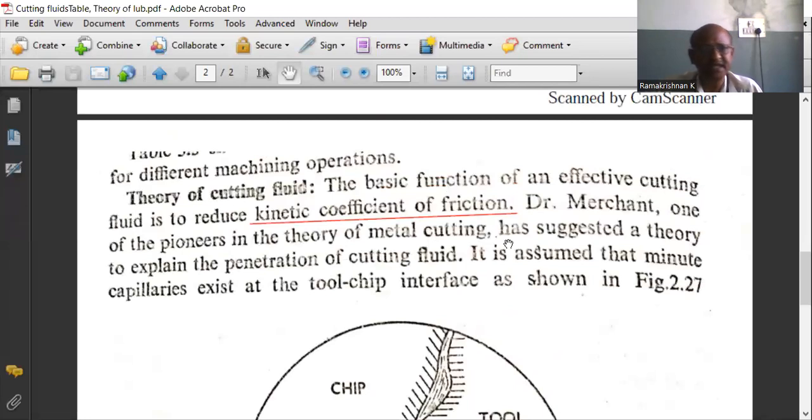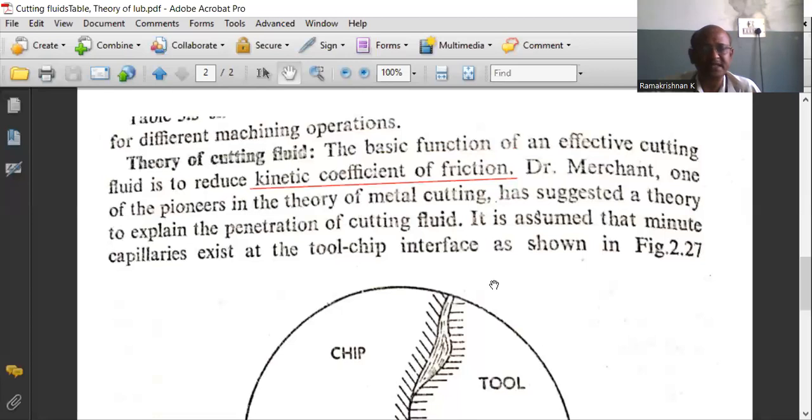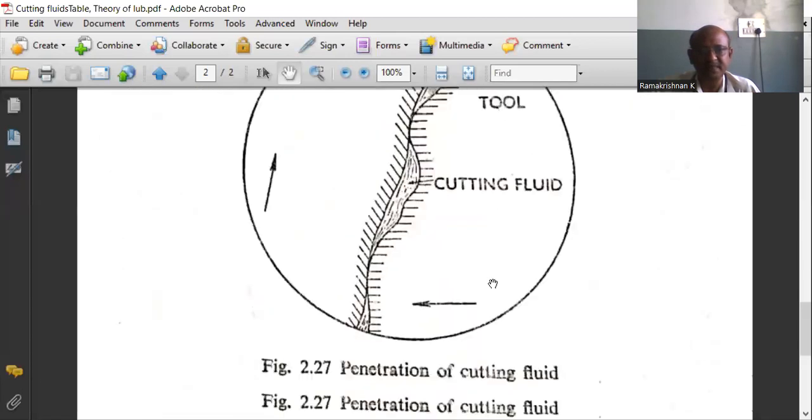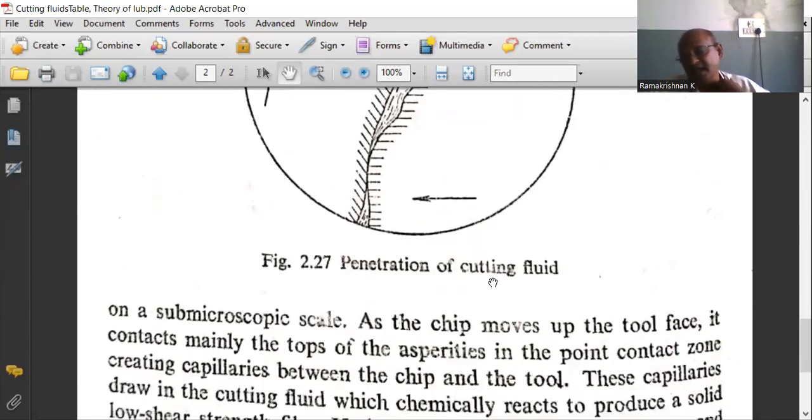As per this theory, as said earlier, there are many capillaries at the tool chip interface. During the machining operation, the metal is removed in the form of chips. The chips move on the top face of the tool.